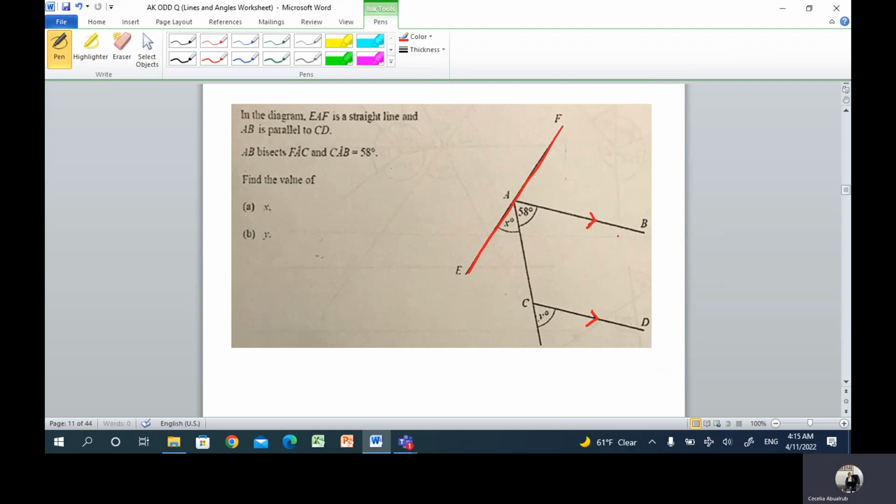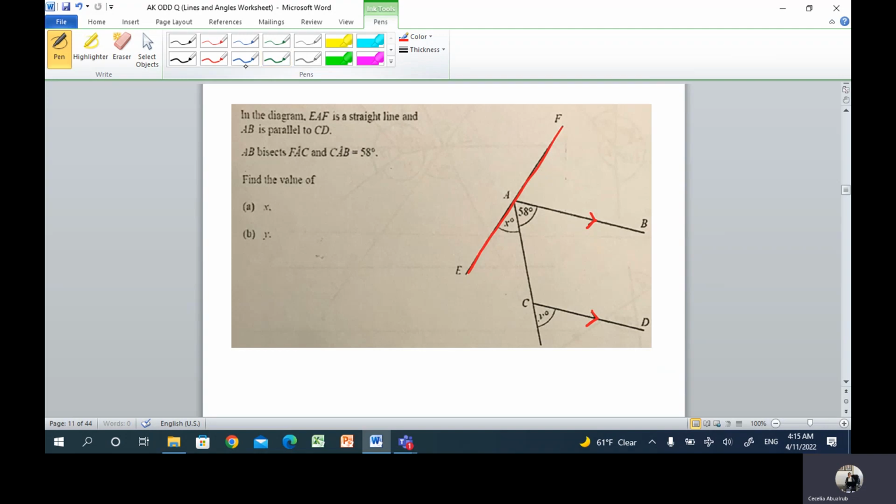Line AB bisects, which means it cuts the angle, which angle? FAC. So we're talking about this angle.